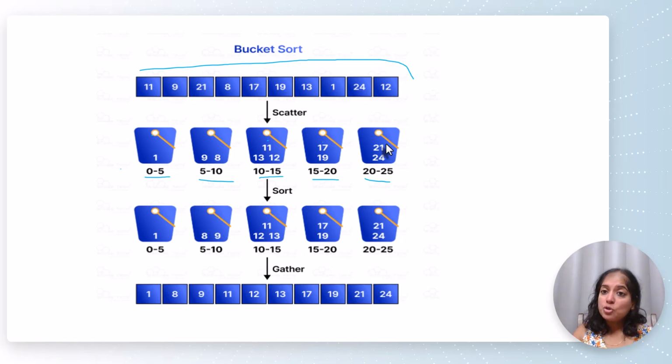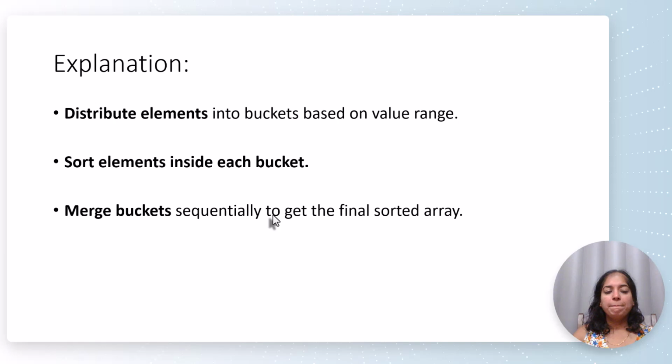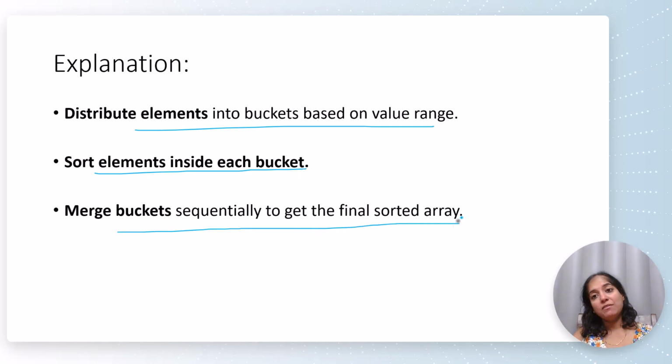Now sort these buckets individually. So instead of one large set, you have multiple smaller sets. You can use any sorting algorithm like insertion sort to sort these internal buckets, then concatenate all these buckets to get the sorted elements. So distribute elements into buckets based on the value range, sort elements inside each bucket, then merge buckets sequentially to get the final sorted array.